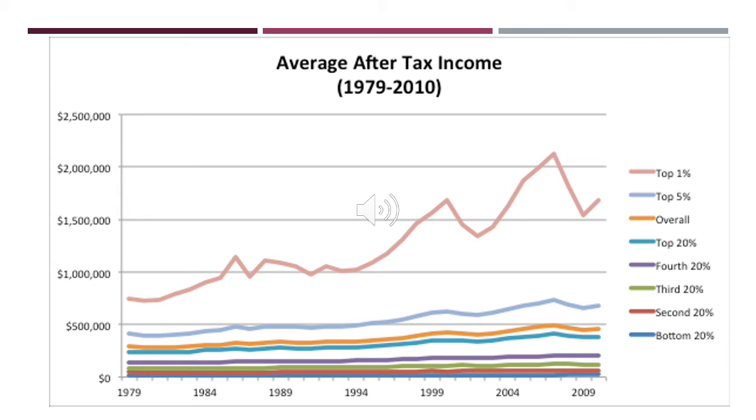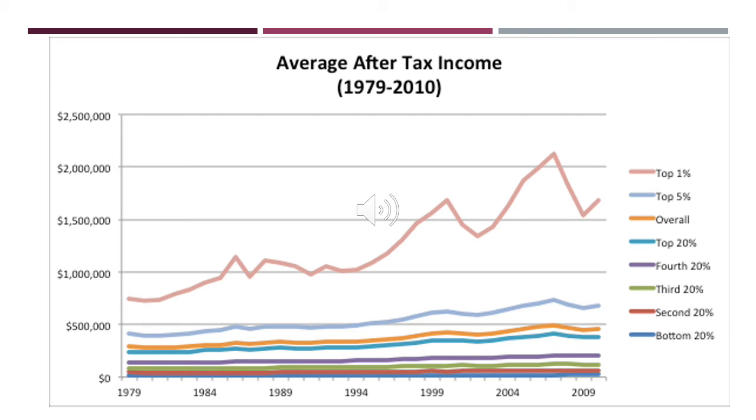If you then look at the next line, the top 5% of earners, you see a similar pattern, but with a lot less peaks and valleys. You can see it rise kind of steadily, but not very much, from around $500,000 in 1979 to around $700,000 in 2009.